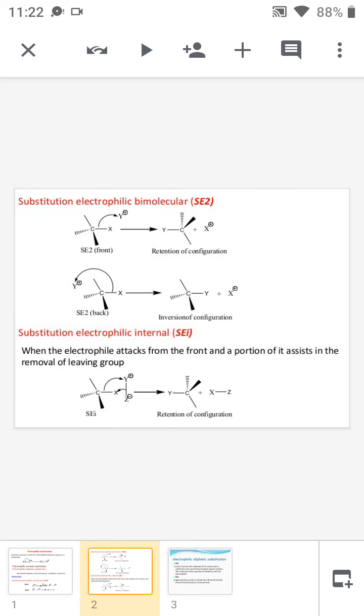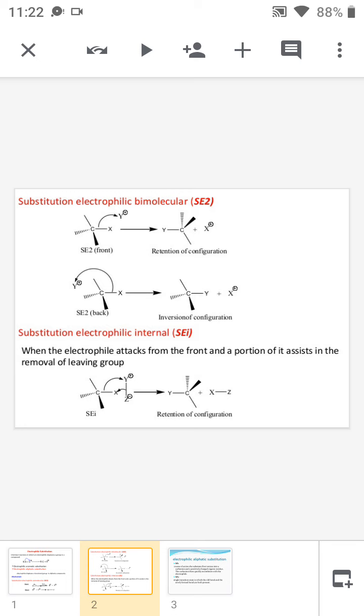Now we are moving into the second electrophilic substitution, that is substitution electrophilic bimolecular, SE2. If we compare with the SN2 reaction, in nucleophilic substitution the nucleophile will always attack from the back side, opposite to the direction of the leaving group.